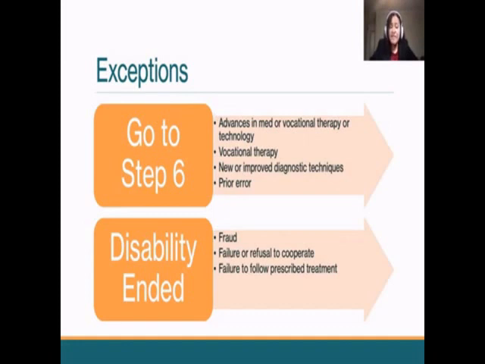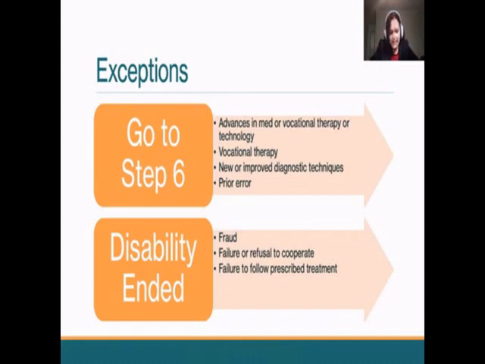So here, if there have been advances in medical or vocational therapy or technology since the comparison point decision, if there are new vocational therapy techniques, if there are new or improved diagnostic techniques, or if there was a prior error, then these exceptions would dictate that the Social Security adjudicator will go to another step in the process.